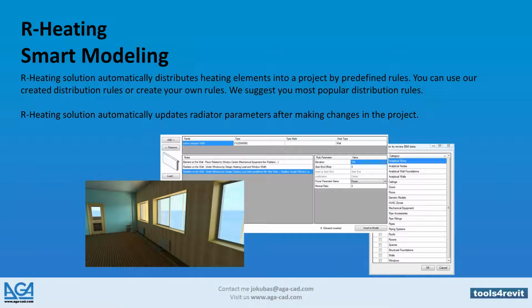By the most popular, I mean that you can use our created rules for placing radiators under the windows by some rules I will show you. Also, R-heating has the update functionality so that you can update radiator parameters after making changes in the project.